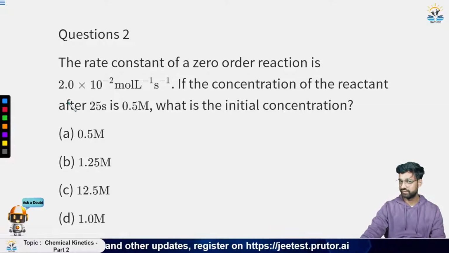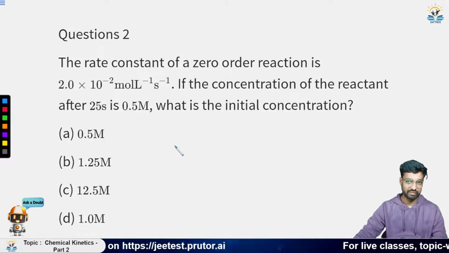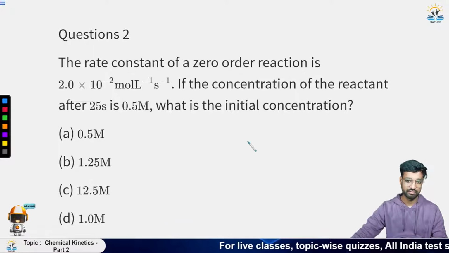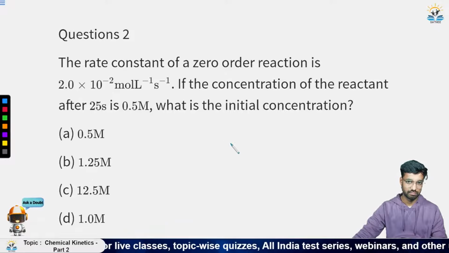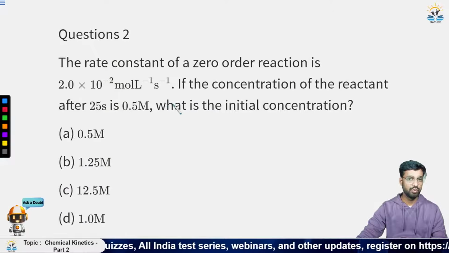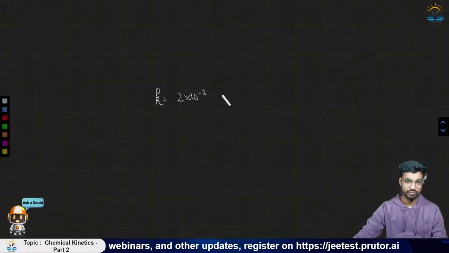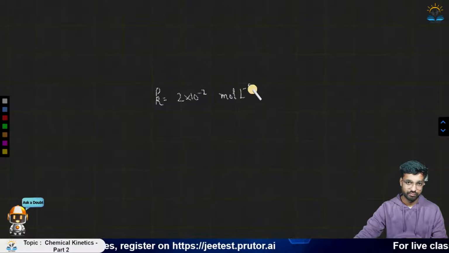Now let us move to a different question. It says that the rate constant for a zero order reaction is given as 2 into 10 to the power minus 2 mole per liter per second.